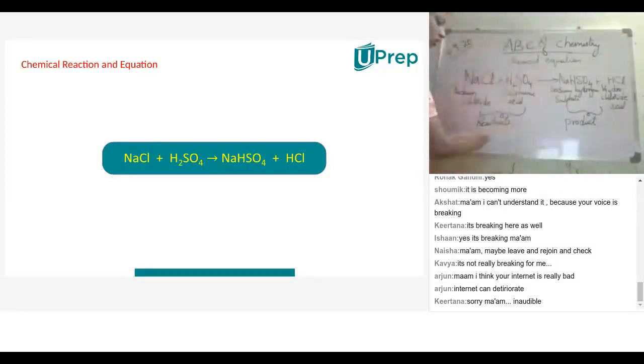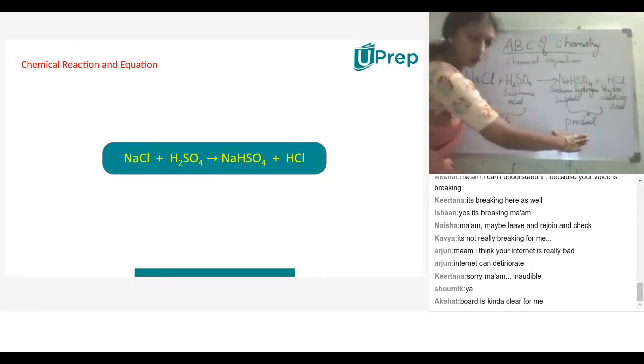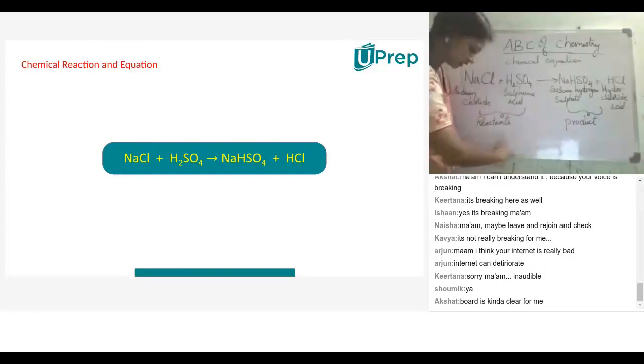Very good. Always, when we represent the reaction in the form of an equation, here are the reactants and here the products.